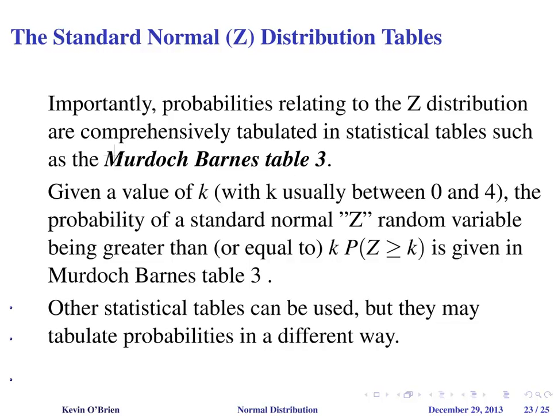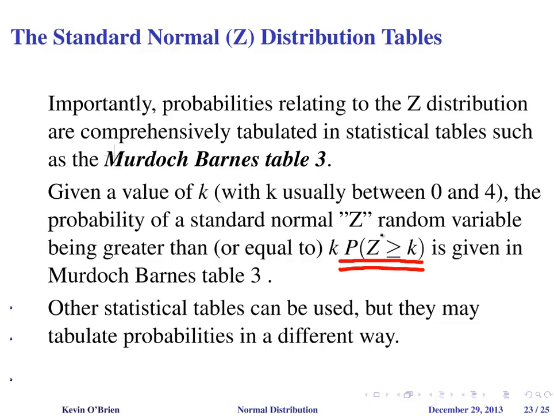Importantly, probabilities relating to the Z distribution are comprehensively tabulated in statistical tables, such as the Murdoch-Barnes Table 3. The way these tables operate is quite important. For some value k, the Murdoch-Barnes tables will give you the probability of Z greater than or equal to k.